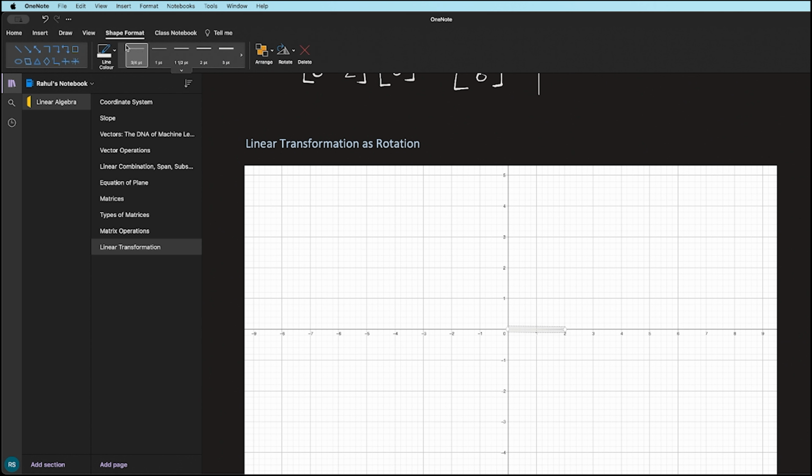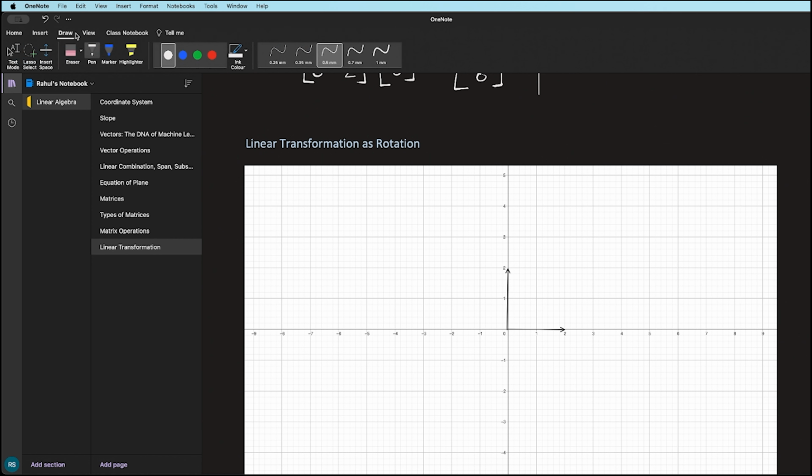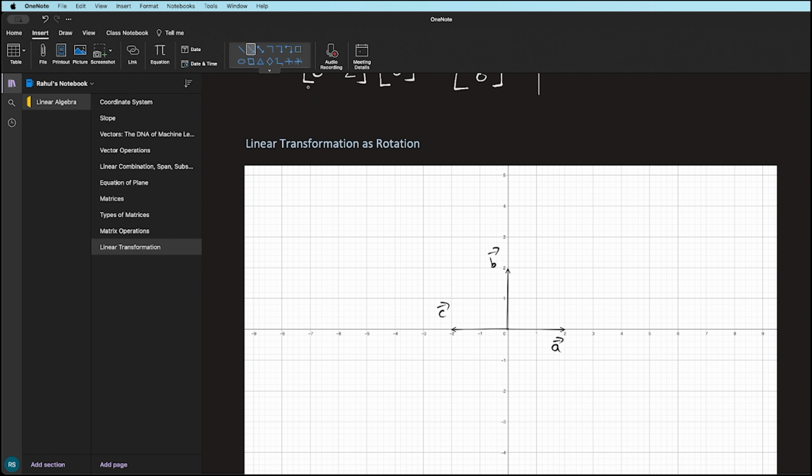This is the vector A, then this will be the vector B, and this will be the vector C. And I will join them now.